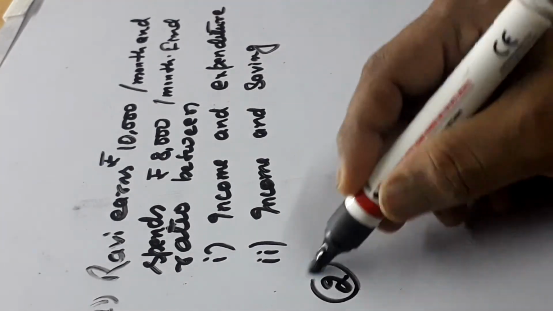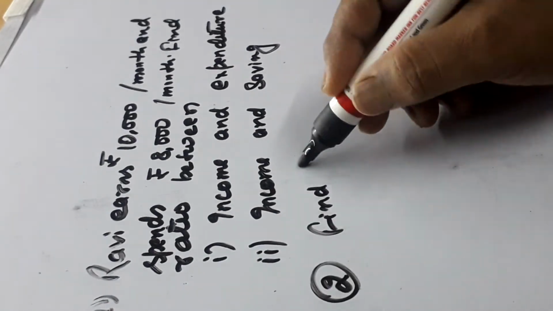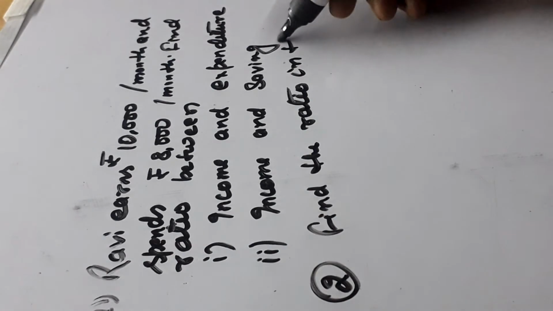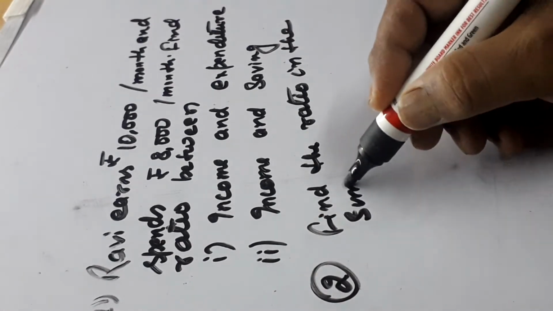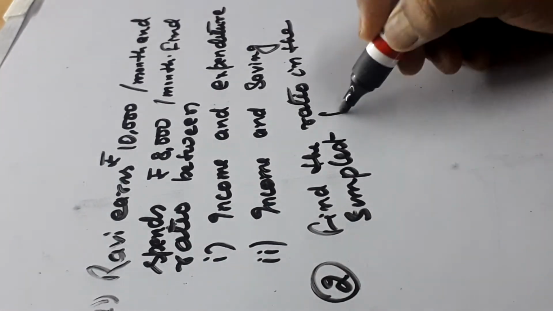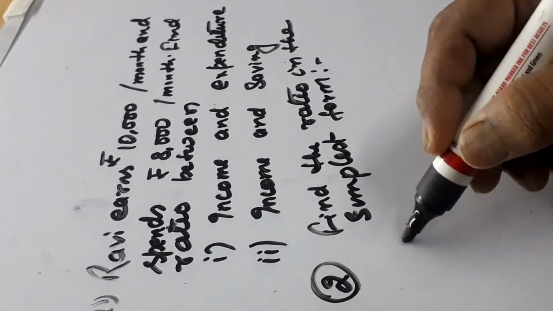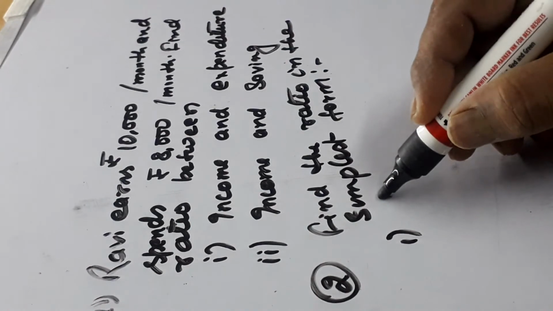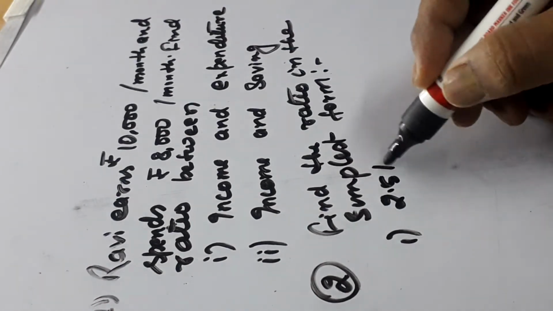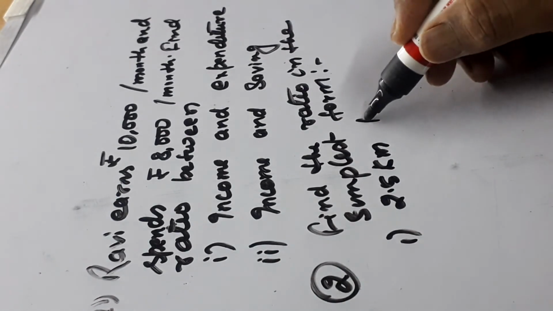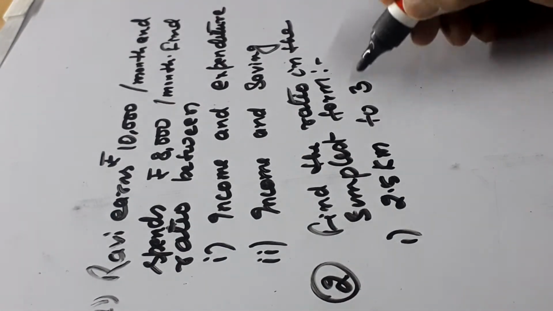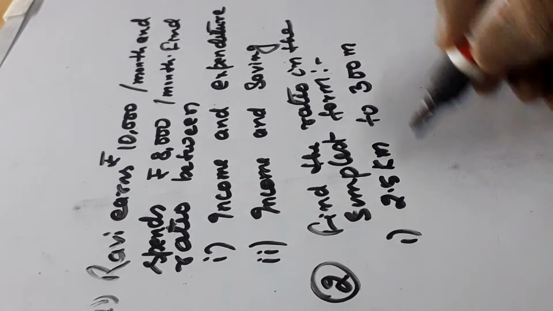Our second question is to find the ratio in the simplest form. First one, 2.5 kilometer to 300 meter.